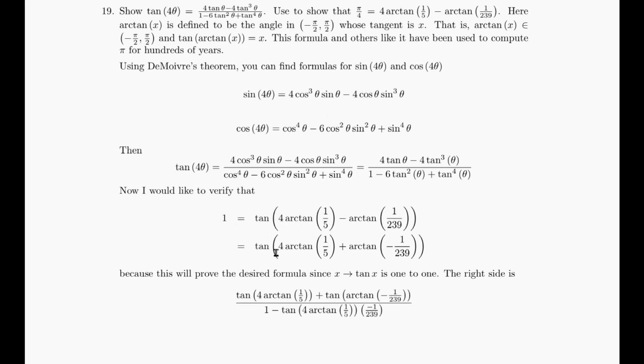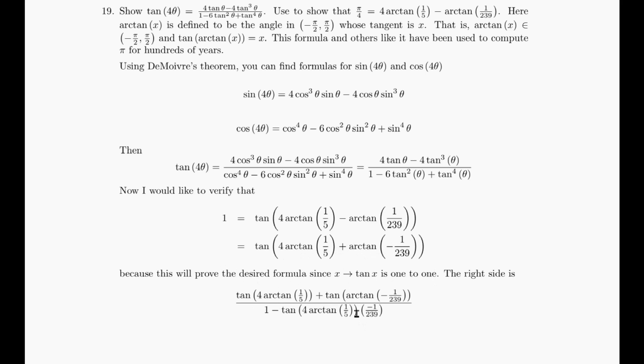Now, the tangent of this is equal to the tangent of this, where I replace the 1 over 239 with negative 1 over 239 and put a plus sign there. I can do that because the tangent is odd, and therefore the arctangent is odd.